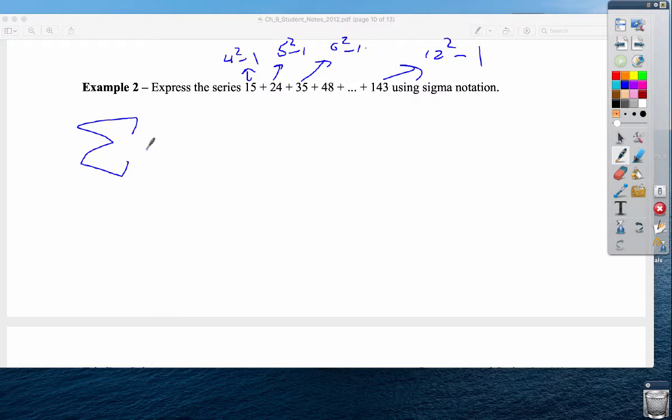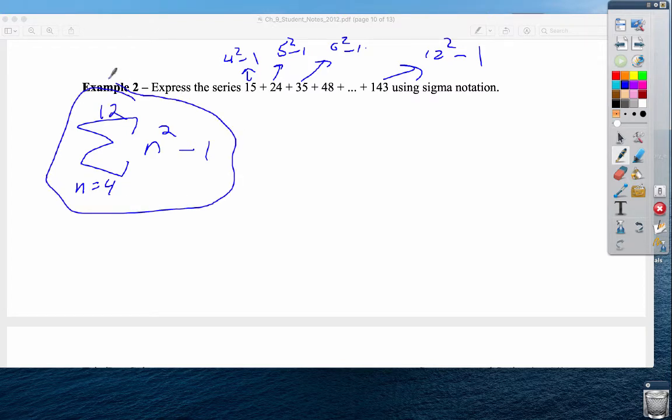So you can do this as number squared minus 1. And you can start with the 4th term and you can end with the 12th term. So if you had to write one, that's kind of how you want to put them together. That's not the only way to put this one together, but it's probably the easiest way.